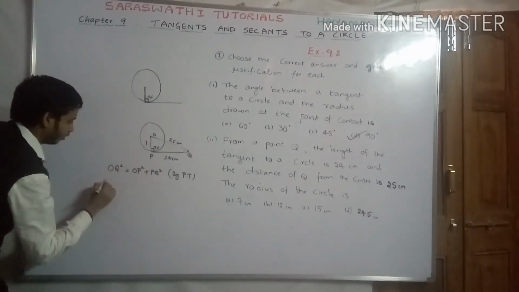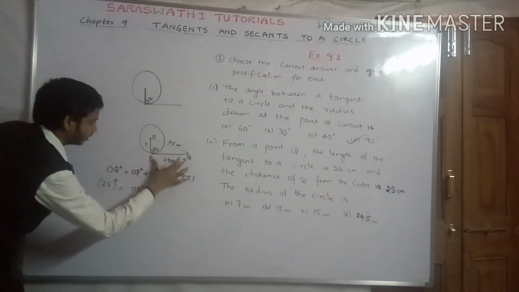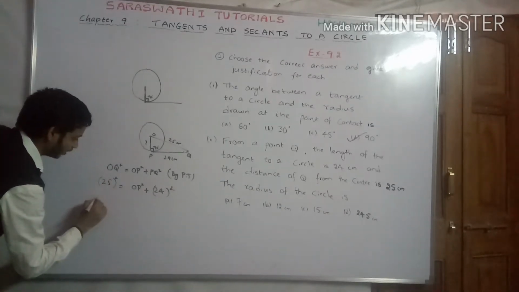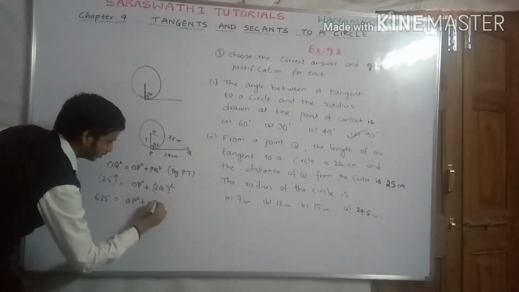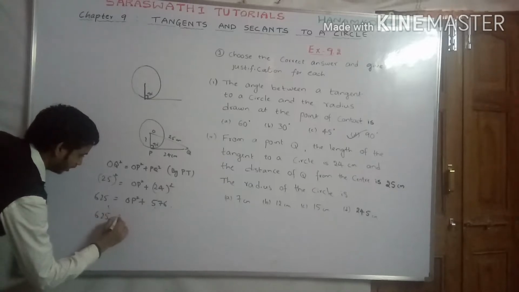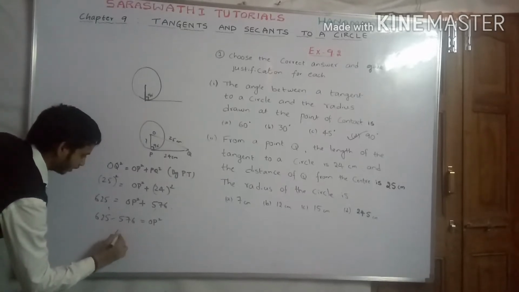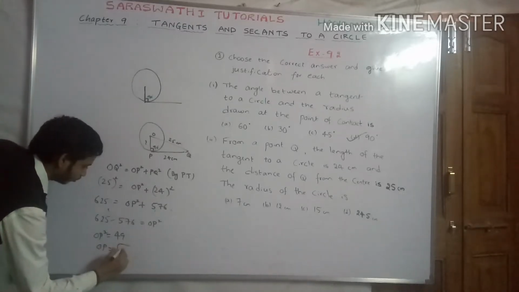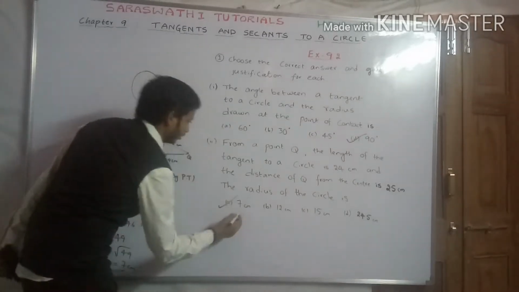So 25 square equals OP square plus 24 square, that is 625 equals OP square plus 576. Then 576 comes to the left side, so 625 minus 576 equals OP square. 625 minus 576 is 49, so OP square equals 49. That means OP equals the square root of 49, which is 7 centimeters. So option A, 7 centimeters.